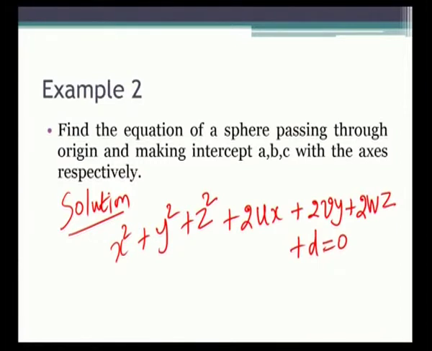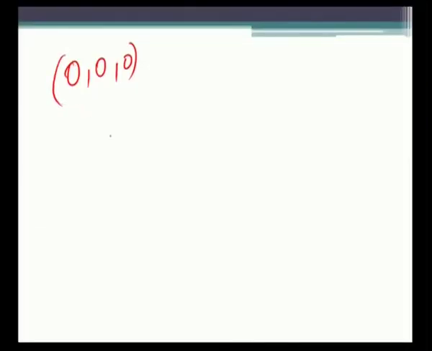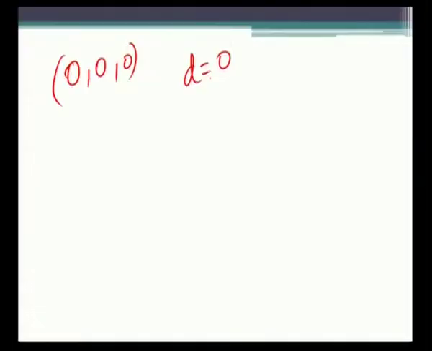This is the general form of the equation of a sphere. Keep this as equation 1. According to the problem, the sphere passes through the origin. The coordinate of the origin is (0, 0, 0), and if the sphere passes through the origin, then the d value will become 0.